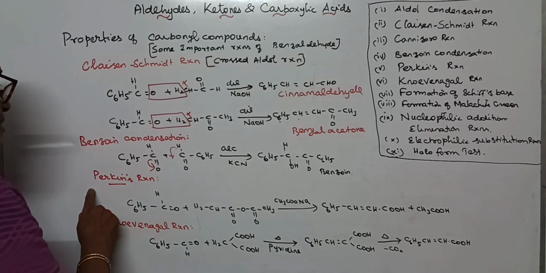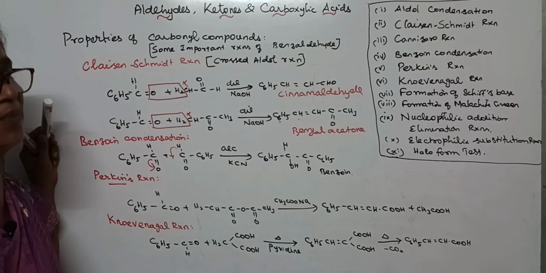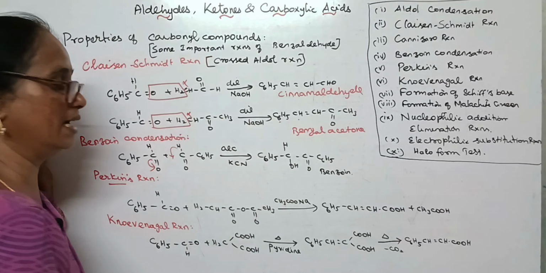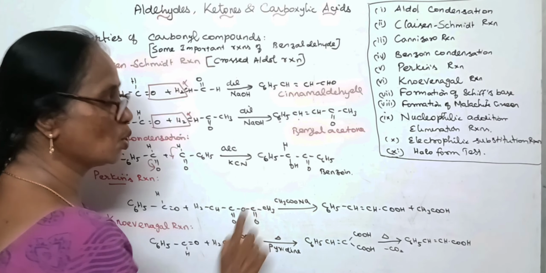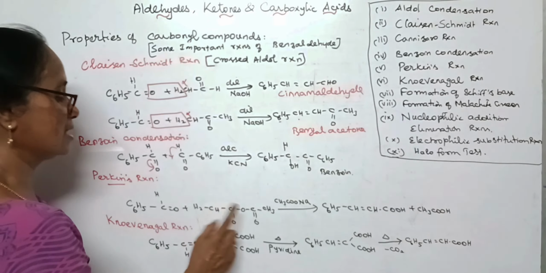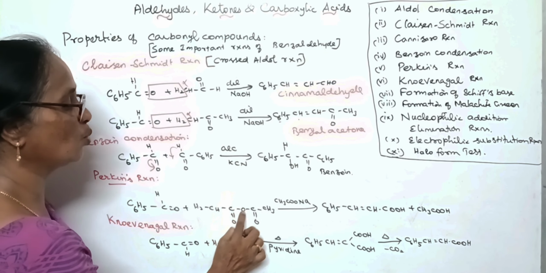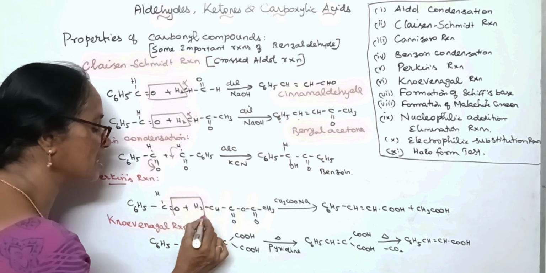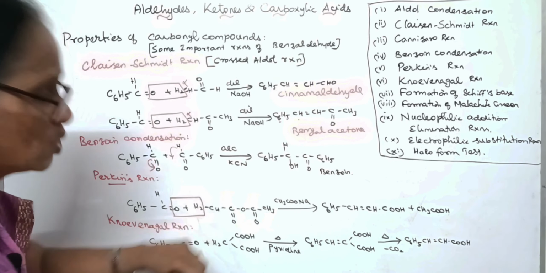The next reaction is PERKIN'S reaction. In this, benzaldehyde reacts with acetic anhydride in the presence of sodium acetate. So, acetic anhydride CH3COO... Actually, here a formation of water takes place because it undergoes condensation.